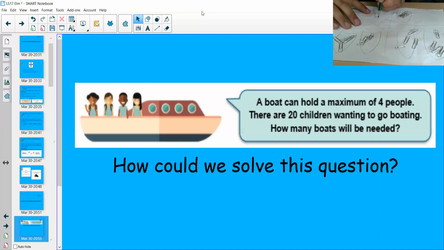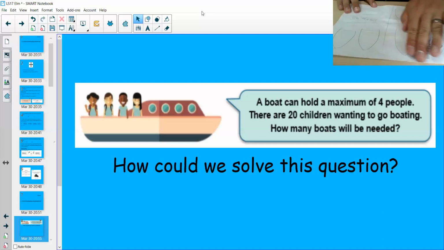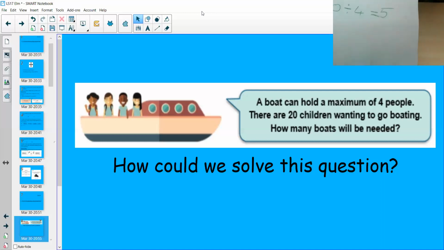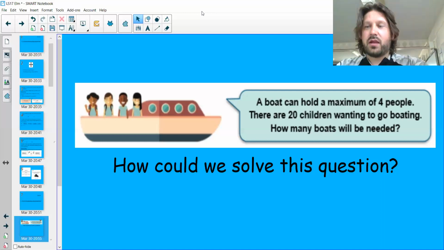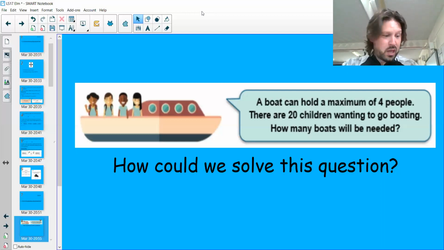So 20 divided by 4 equals 5. Oh no, I didn't realise it was mirroring as well. So 20 divided by 4 equals 5.